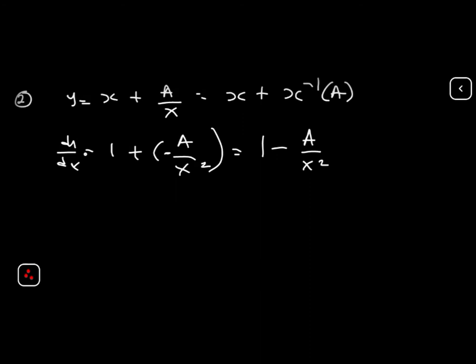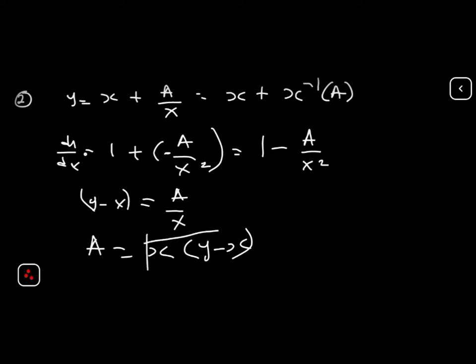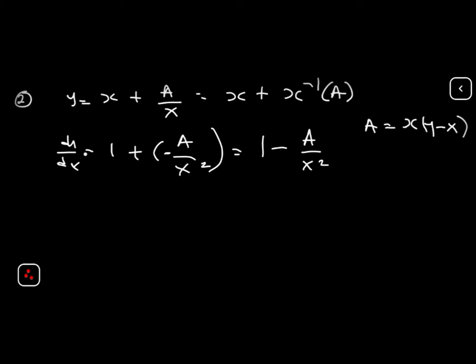From our first equation, we can make a the subject of the formula. So we would have y minus x is equal to a over x. So a would equal x times bracket y minus x. We are going to substitute this value of a into this equation. Doing so, we would have dy/dx is equal to 1 minus x bracket y minus x over x squared.